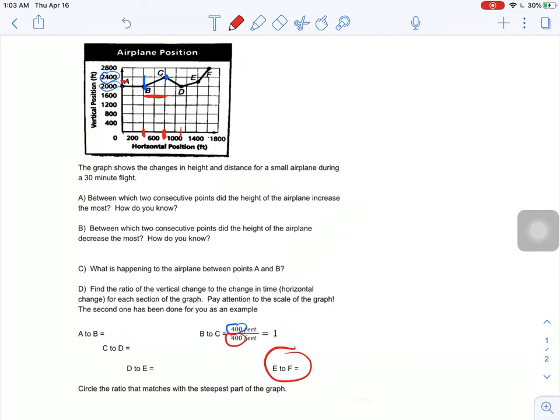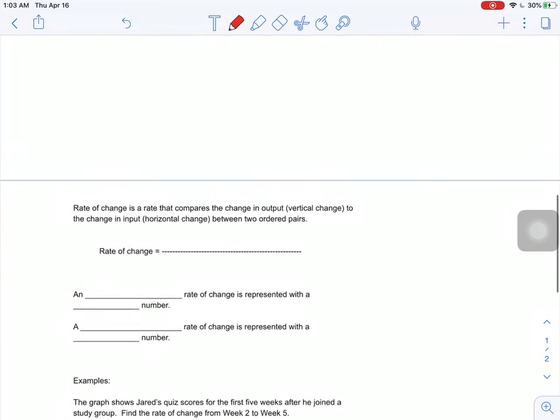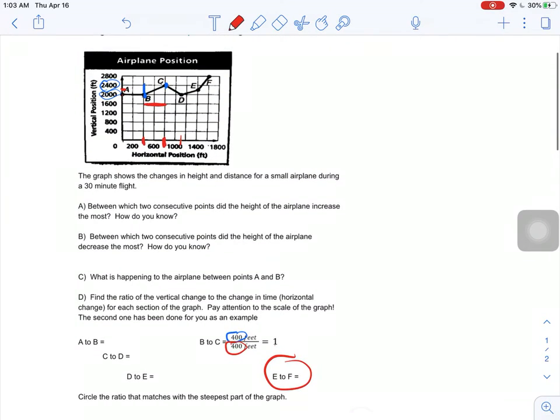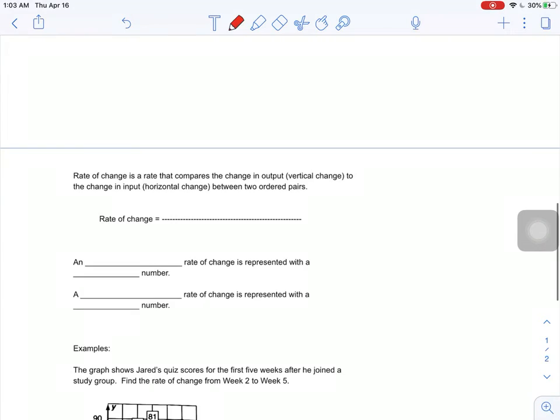So we're going to go through and work with this idea of rate of change a little bit more. On your graph, we're actually going to go back to the graph a minute. Each of these ratios, you were calculating as a ratio the vertical change over the horizontal change. So that actually is how we calculate rate of change.